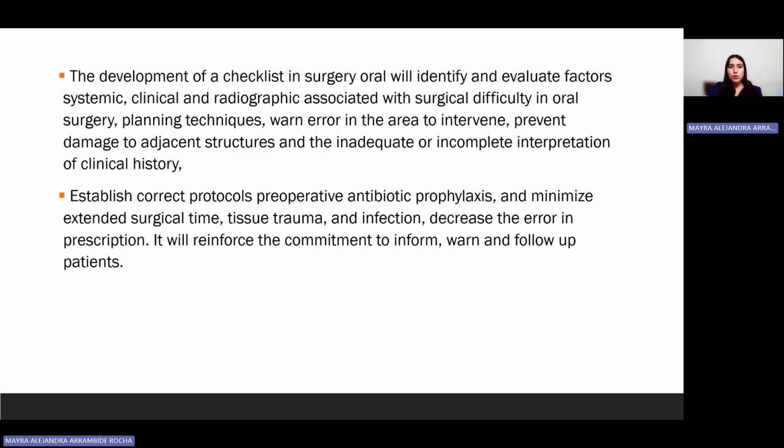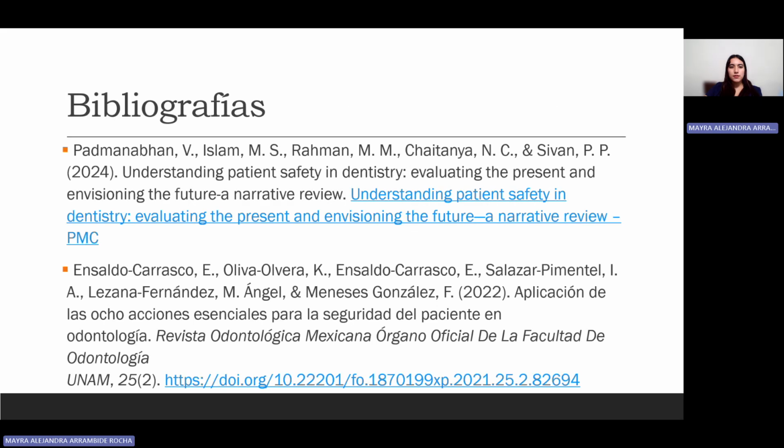Prevent damage to adjacent structures and incorrect or incomplete interpretation of clinical history. Establish correct protocols, preparatory antibiotic prophylaxis, and minimize extended surgical time. Tissue trauma and infection require avoiding errors in prescription. It will reinforce the commitment to inform and follow patients.